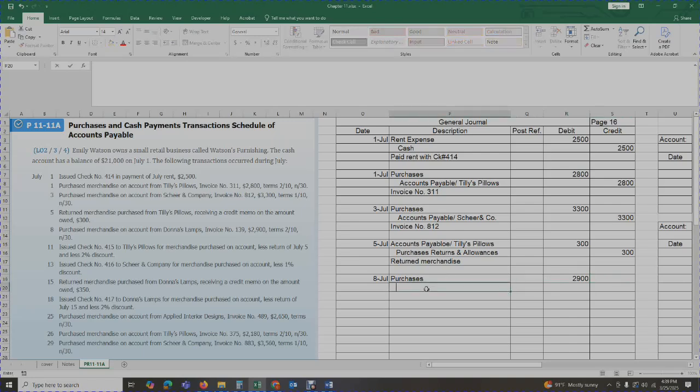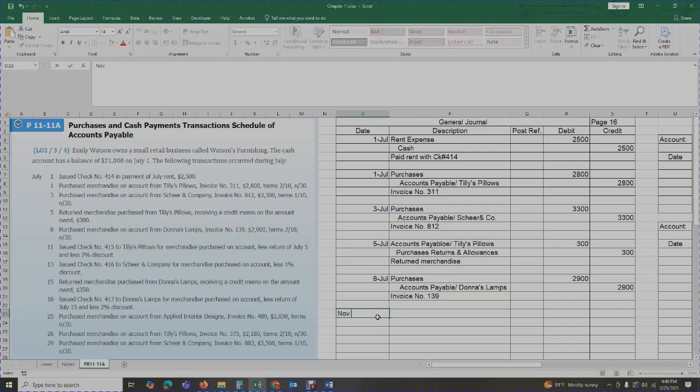And we are buying it on account, so that's accounts payable for Donna's Lamps, $2,900. This is for invoice number 139. Very good. So that happened on the 8th.